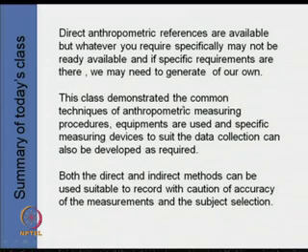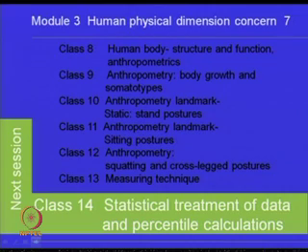This class demonstrated the common techniques of anthropometric measuring procedures. Equipment is used, and specific measuring devices to suit the data collection can also be developed as required. Both the direct and indirect methods can be used, suitable to record with caution of accuracy of the measurements and the subject selection procedure.